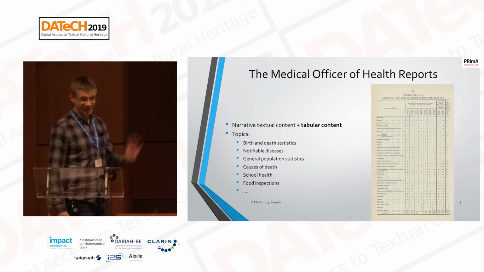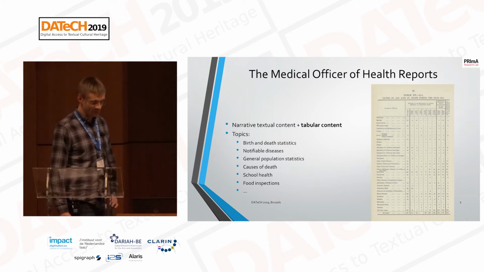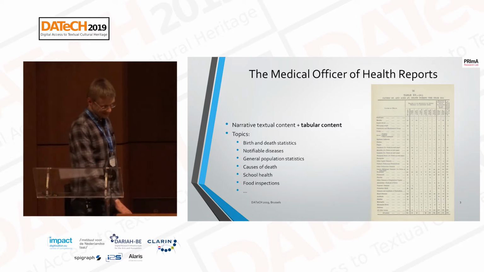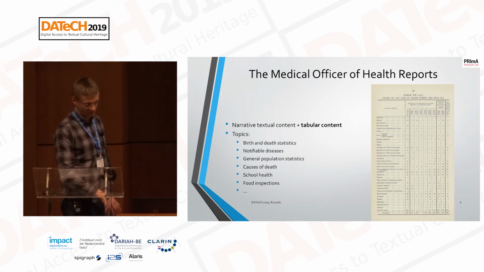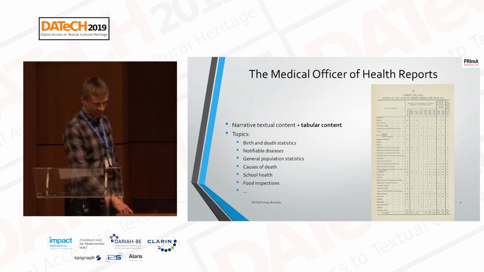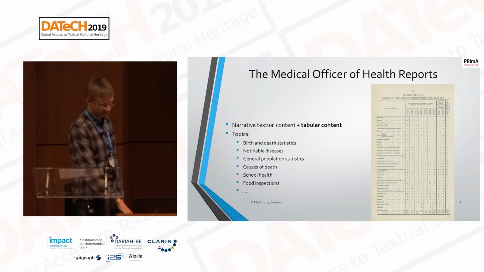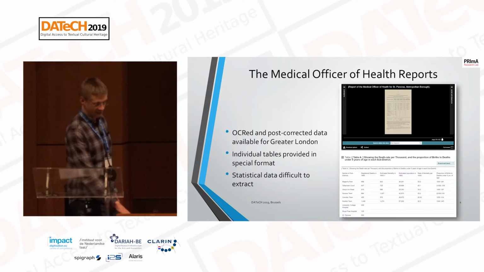You can get quite lost easily in the data if you start reading, and there are the most incredible causes of death back then, but it's quite an interesting resource. Some other things are school-related things and food inspections, they really like their inspections. You can see an example of one table. It's not always neat and tidy like that. Sometimes it's mixed with other text and maybe continued across pages and things like that.